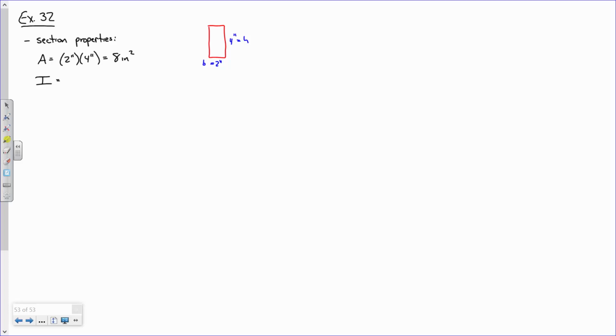So I propose that instead of using BH cubed over 12, we're going to use B cubed H over 12. We're going to use the width as the 4 inches and the height as the 2 inches. And you'll see we can follow this mathematically and see why this works, but just bear with me for a second.